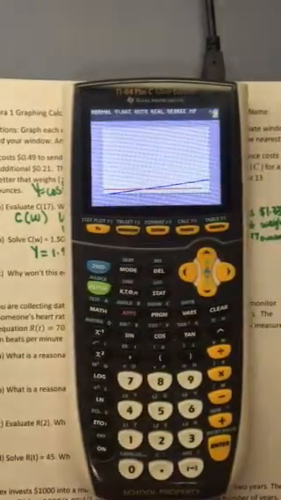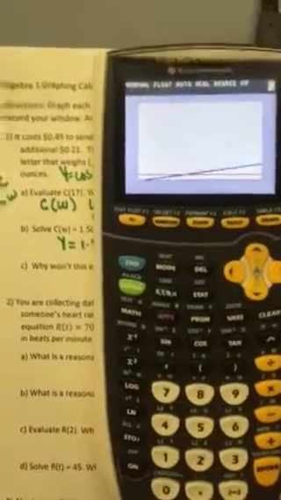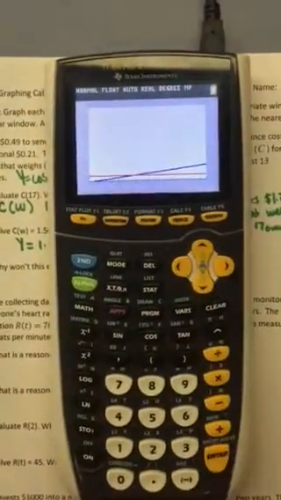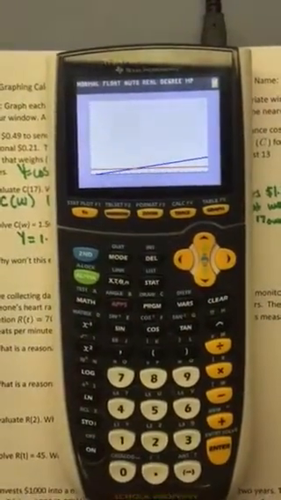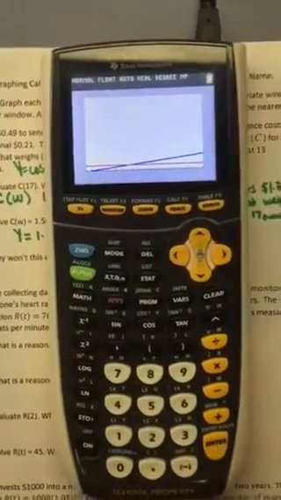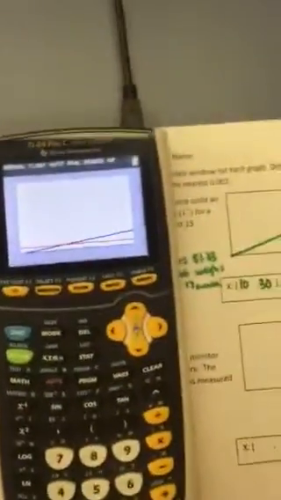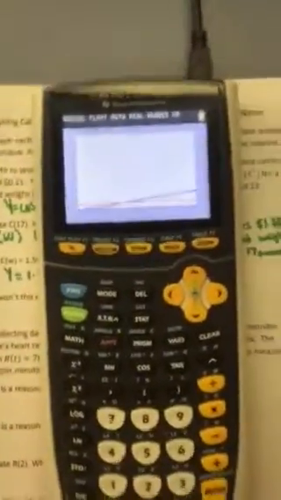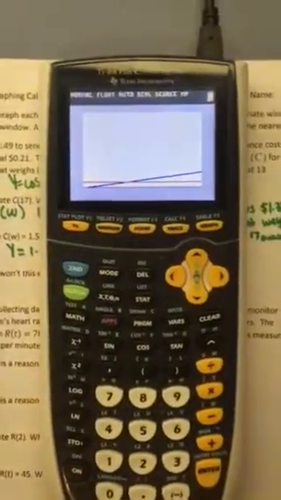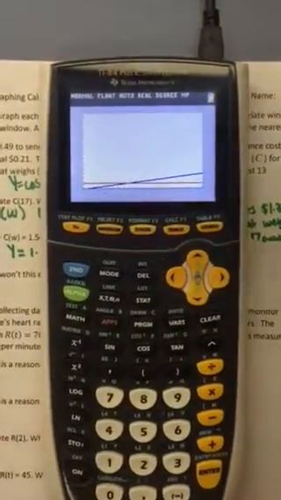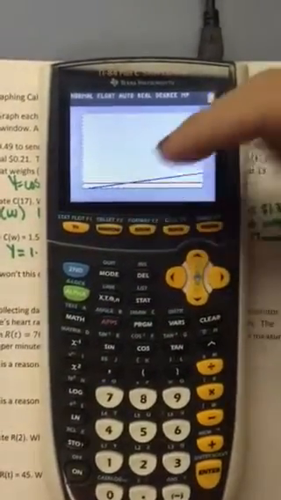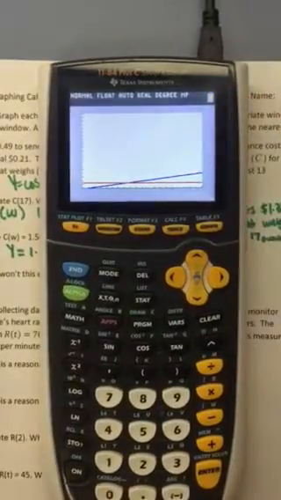What I want to see is where that new graph intersects my old graph. Sorry, the screen's driving me crazy. Okay, what I want is to find out where that intersection is.